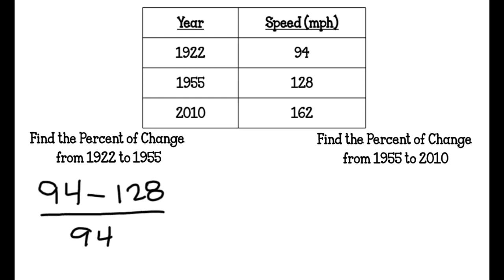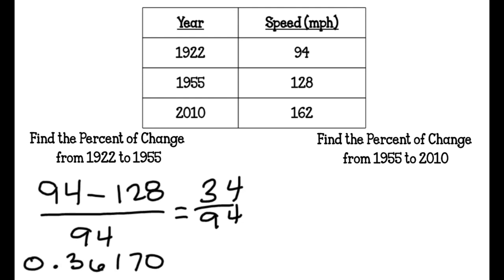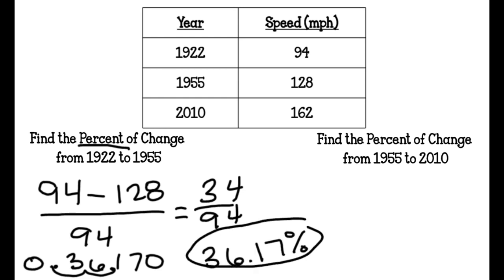So I take 94 minus 128, and that's going to get me negative 34, but remember we don't really need to worry about negatives on this, so we just write 34, and then we divide by our original, which is 94, and we get 0.3617. We're talking about percent of change, so we're going to take our decimal and make it a percent. When we round, that becomes 36 and 17/100%. Circle it, and that's my answer.